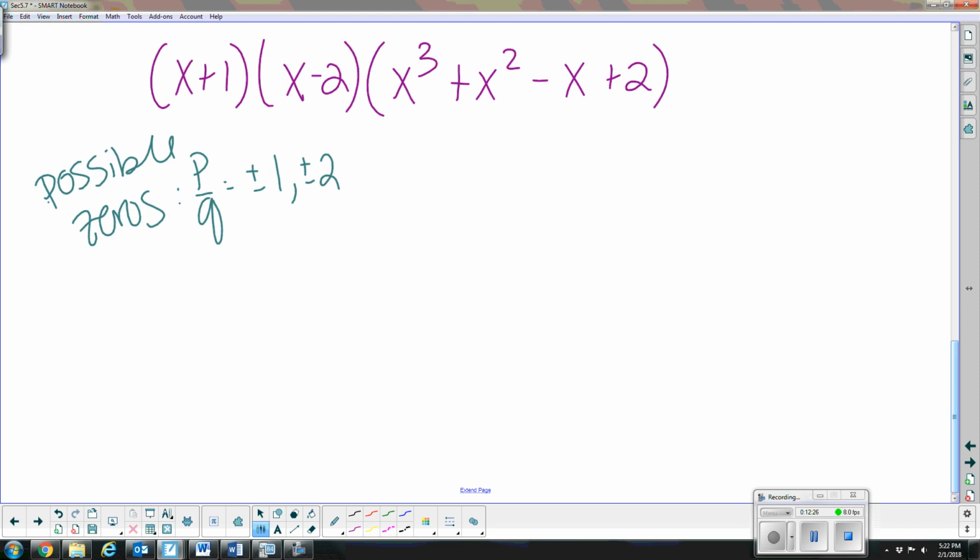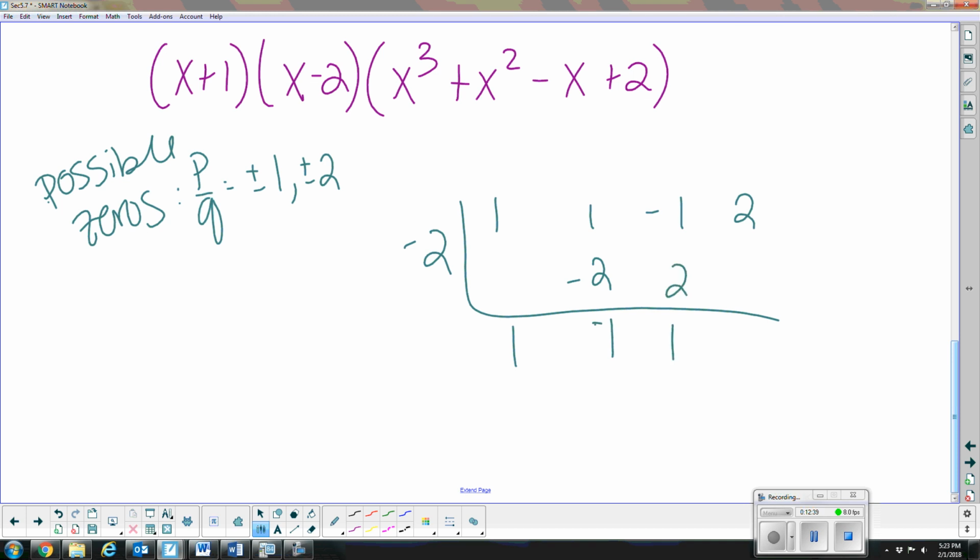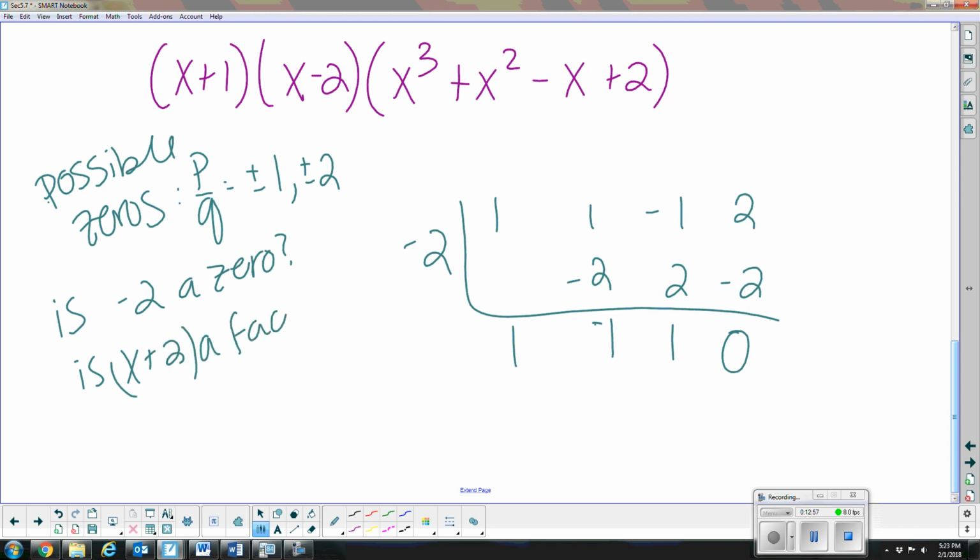So I'm going to set this up like I would normally, synthetic division. And since I have a 0 remainder, then -2 is a 0. All right, now I can again rewrite what I have.